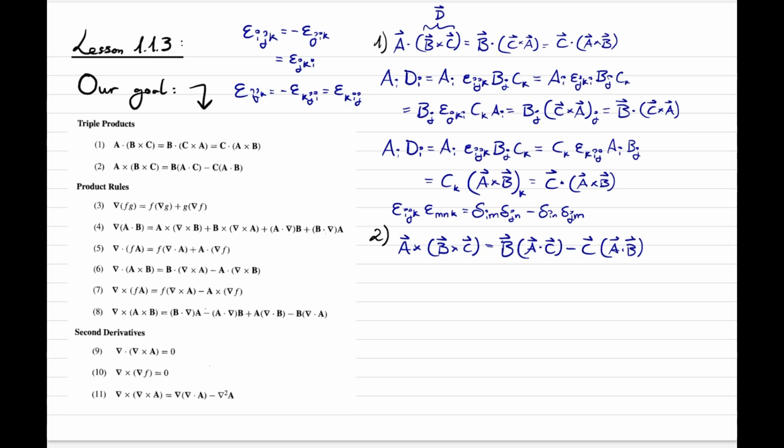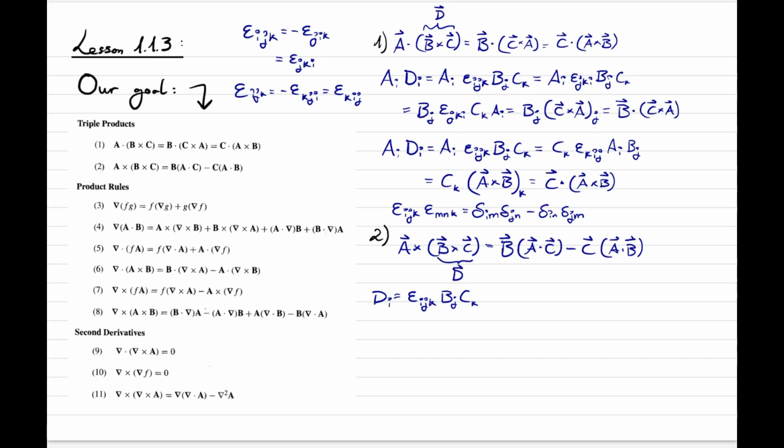So, first of all, as before, let's call the cross product of B and C by D, and we see that the i component of D is just epsilon ijk bj ck.